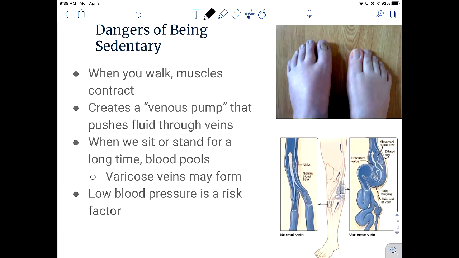Think about if anybody's ever worked with a hose. I know at the end of the year I need to pack my hose away, and the hose has no water pressure in it, right? But as soon as I start picking up the hose and moving it, water starts pouring out of the hose.